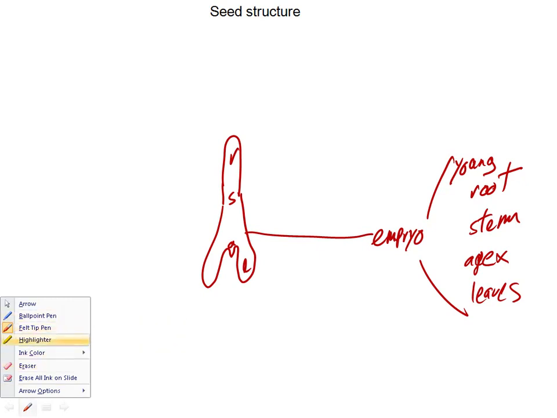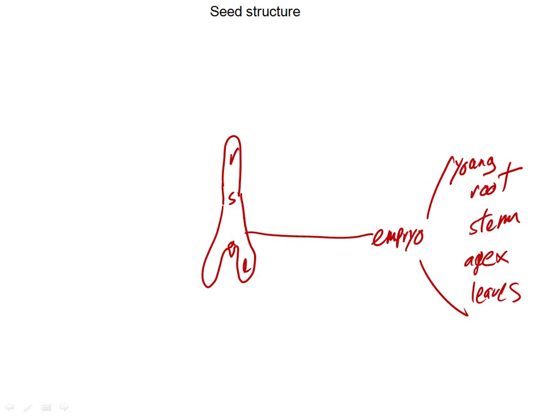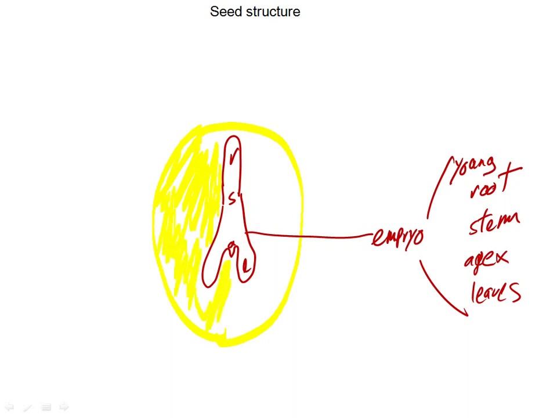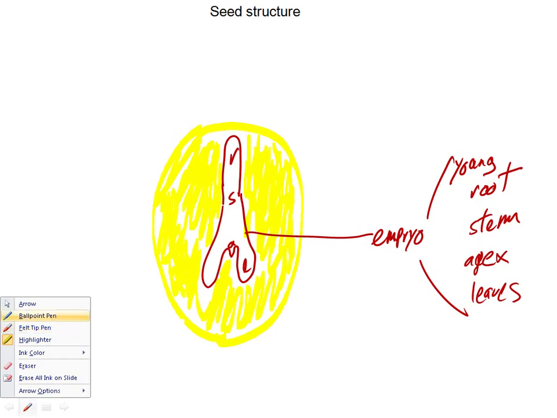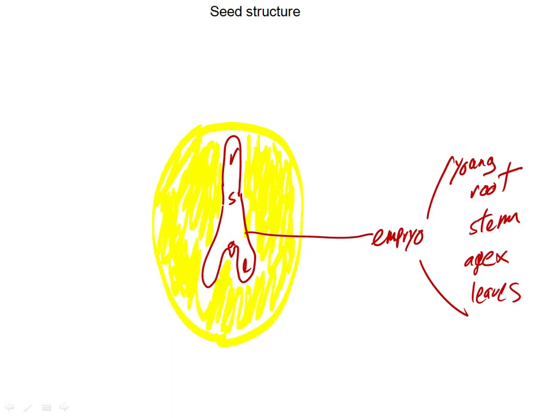Surrounding the embryo, there is a nutritive structure of some kind. I'm not sure yellow is going to work on my other diagrams for this same structure. We might have to change colors later, but for now we'll start with this yellow. And this is a nutritive tissue.